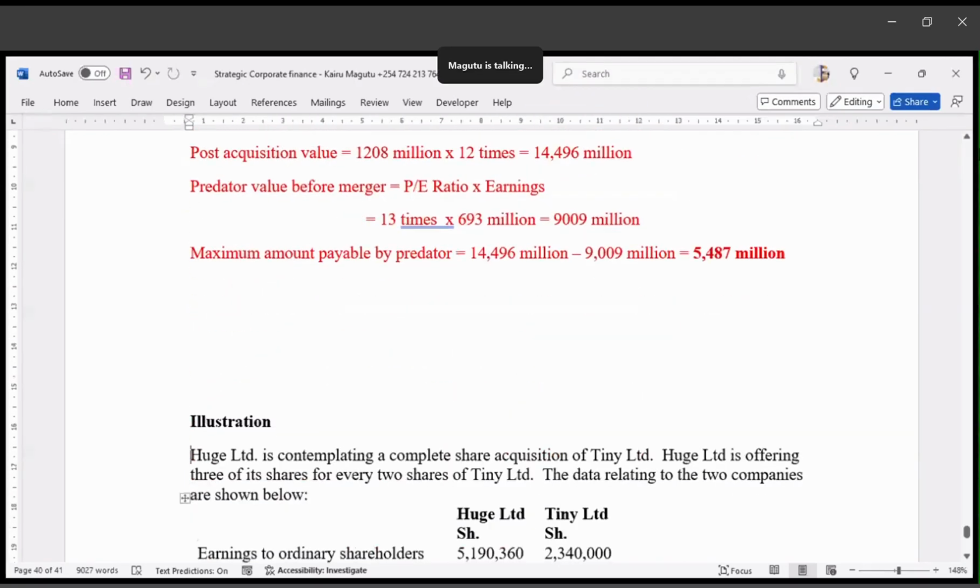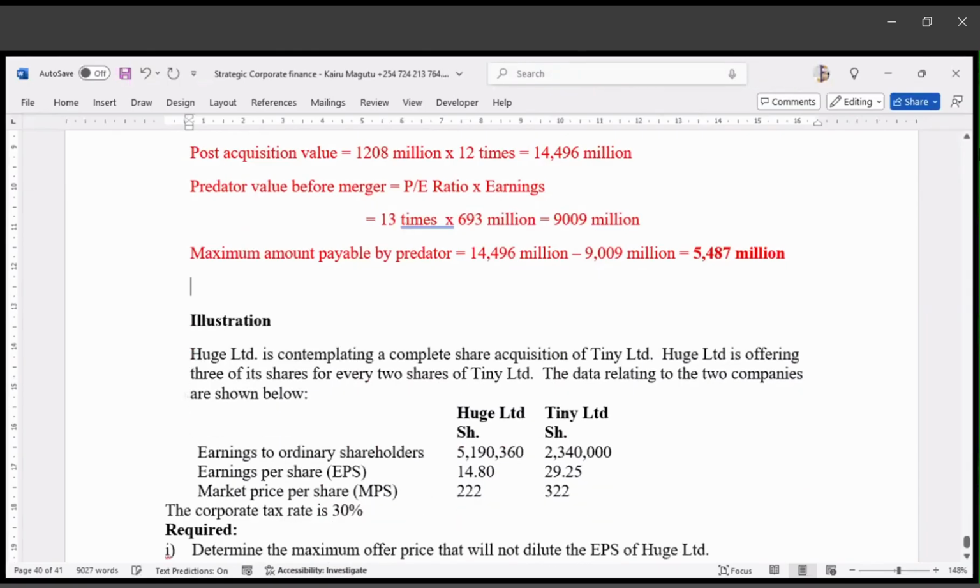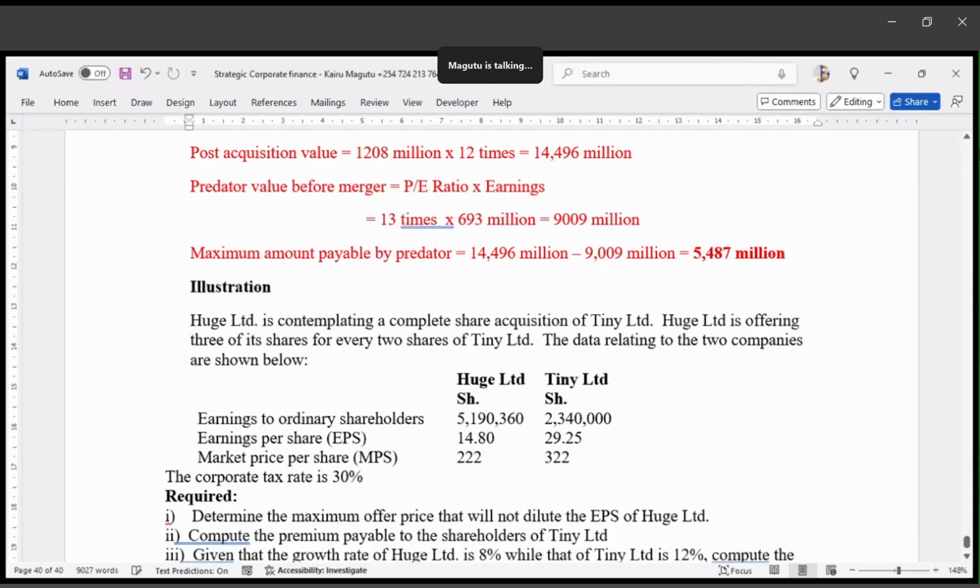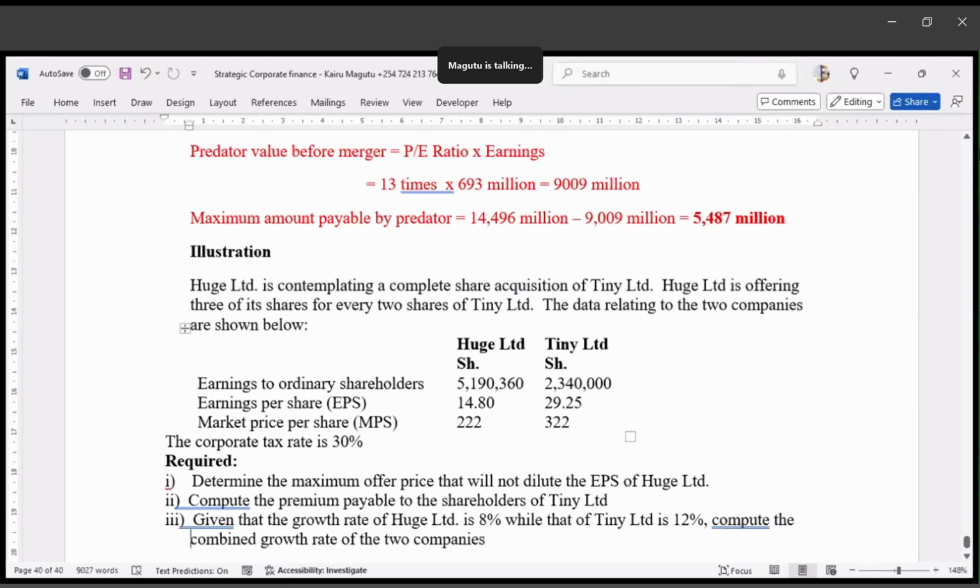Now, I want you to look at this other question. This other illustration, I want you to read through it. Huge Limited is contemplating a complete share acquisition of Tiny Limited. Huge Limited is offering 3 of its shares for every 2 shares of Tiny Limited.